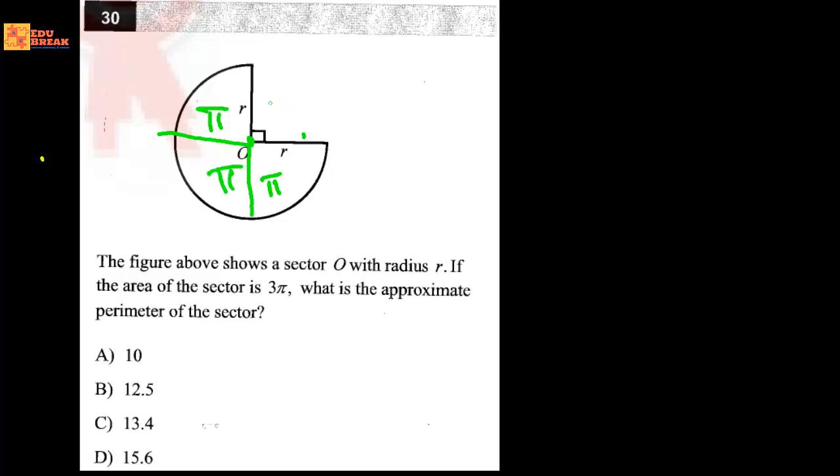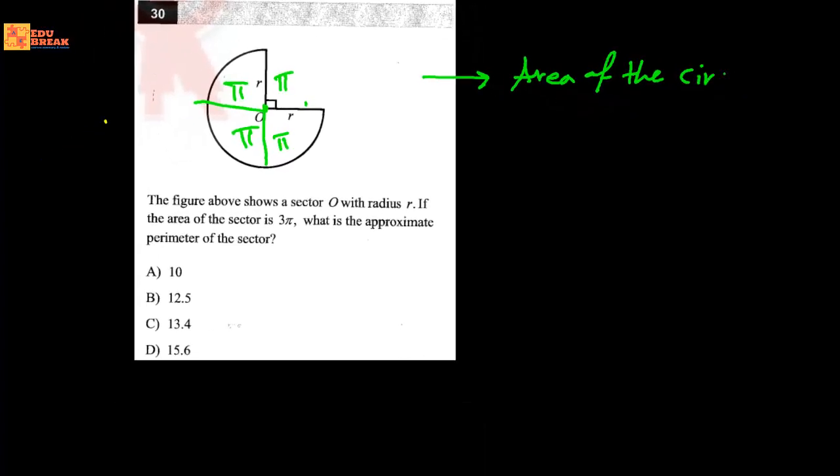Okay, so the fourth one will also be pi. So we have the area of the circle equals 4 pi. Take the square root of 4 to find the length of the radius. So the radius equals 2.